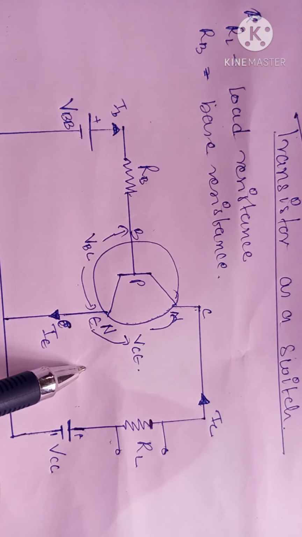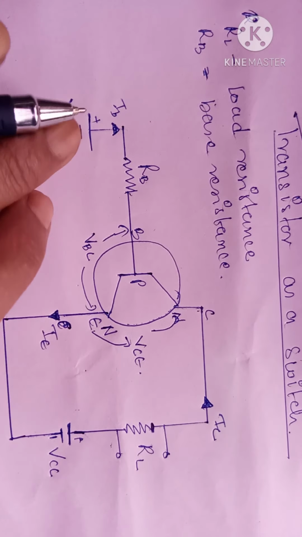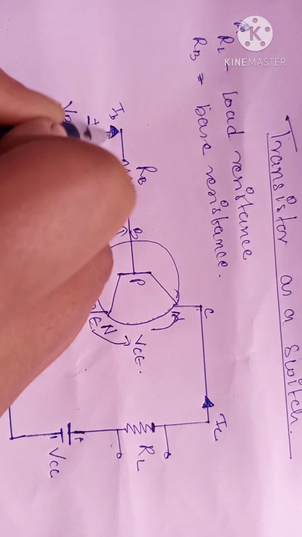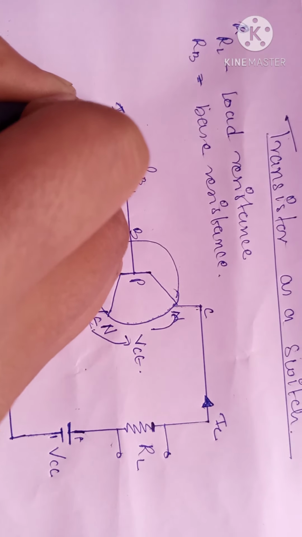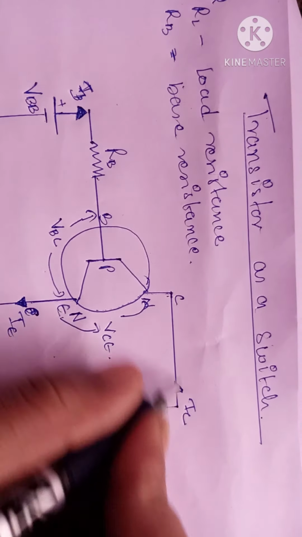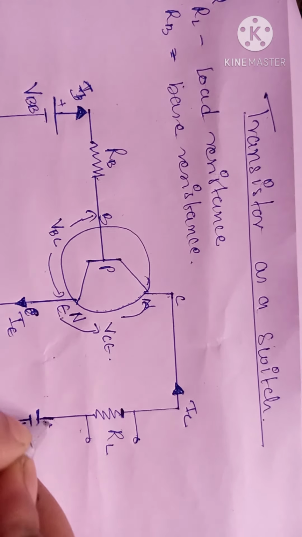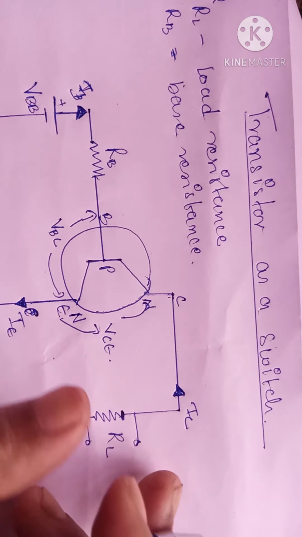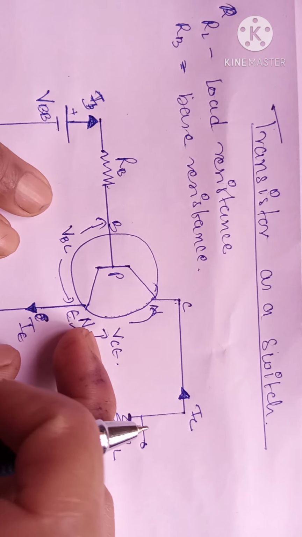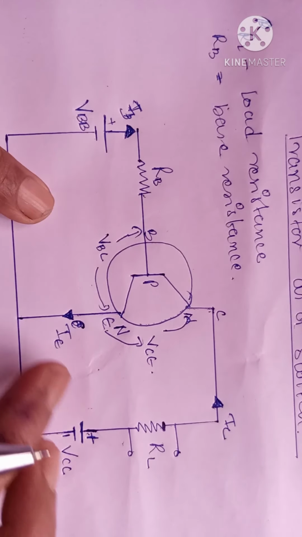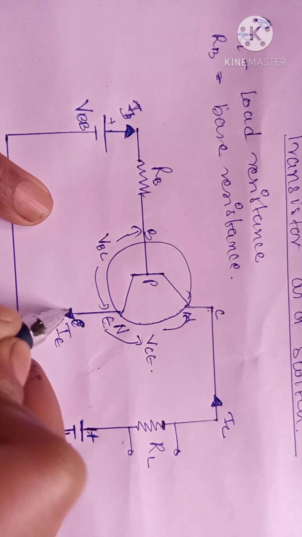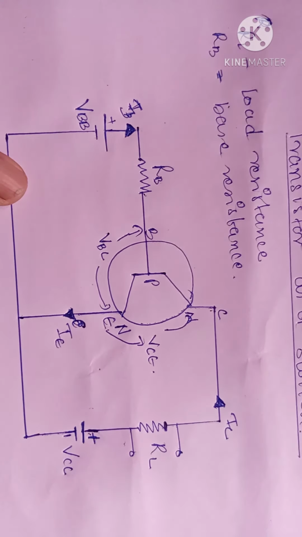The direction of current is always positive terminal to negative terminal. Input current IB and collector current IC also go from positive to negative terminal. If you observe, both are incoming currents, so the emitter current IE should be outgoing current.